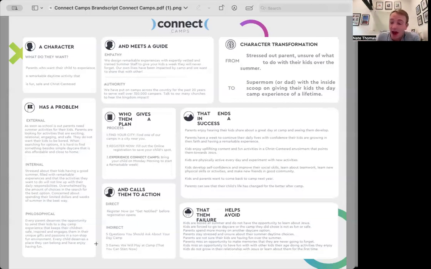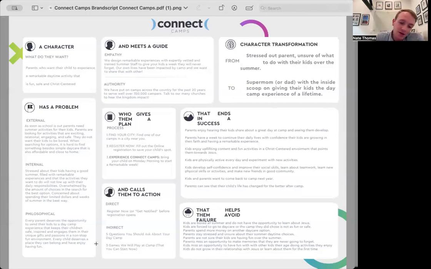When you do that, you have to directly call them to action. Our 2 direct call to actions are register now, which is from February when registration opens all the way through the Monday morning of camp, or get notified, which is from October 1 when your plan starts to the day that registration opens in the middle of February.